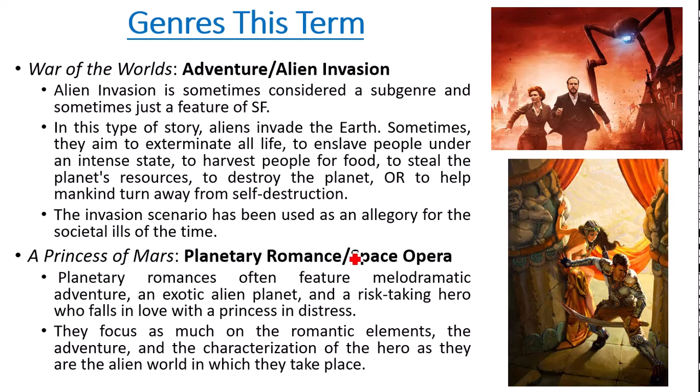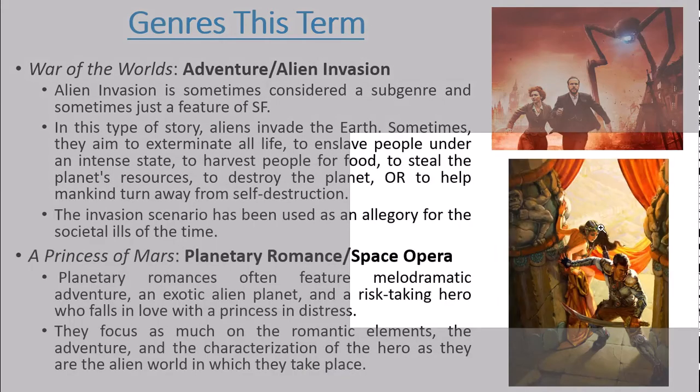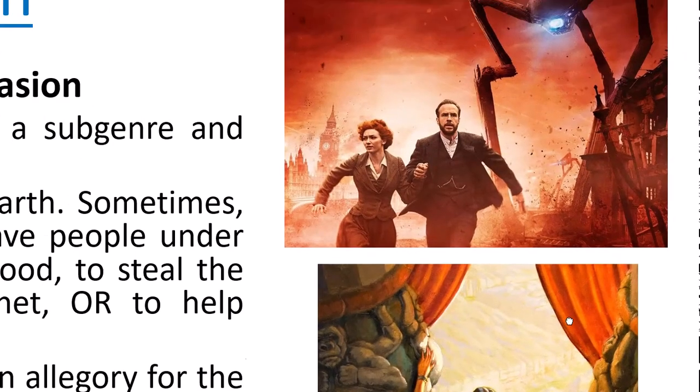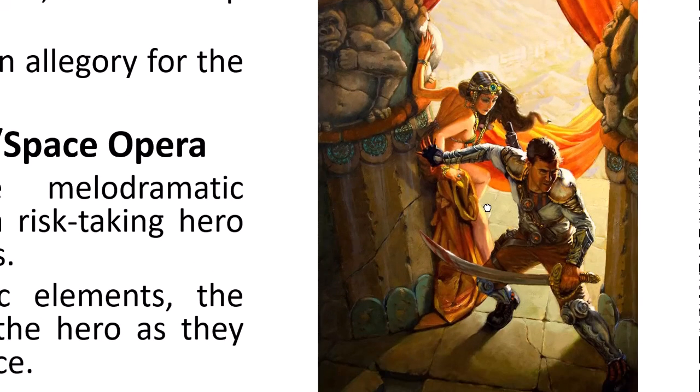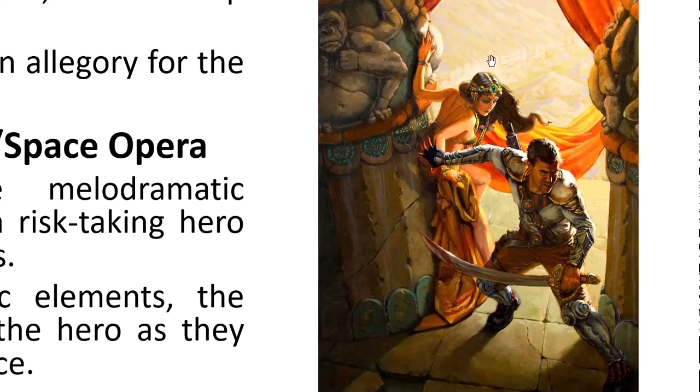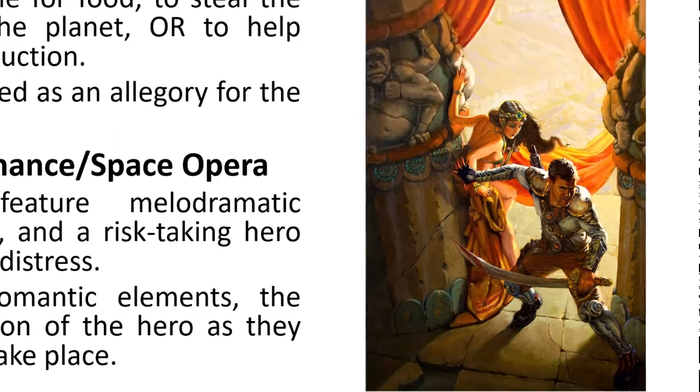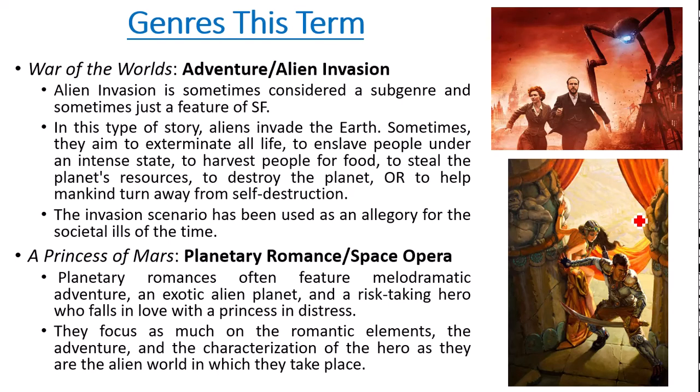But you can tell even from the art here, right, as opposed to one of the film versions of War of the Worlds. Yes, this is supposed to be an exotic adventure, right? And swords. Swords in space. That's basically what a space opera is.